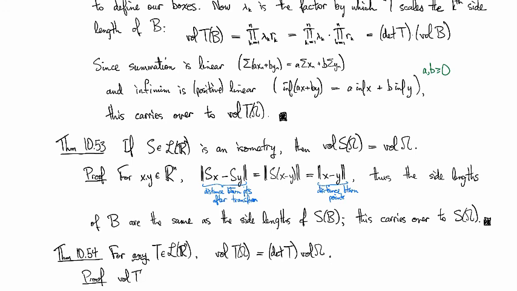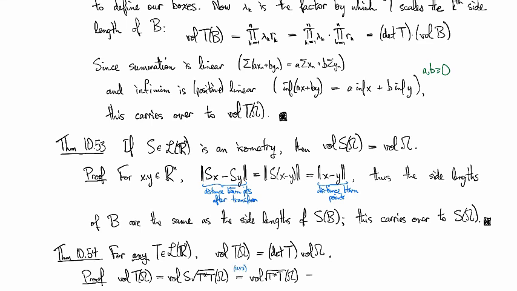The volume of T of omega is the volume of S times the square root of T star T applied to omega. And then this is, well, that's S applied to something, so that doesn't change the volume at all. So this is the volume of root T star T applied to omega, and that's by 10.53, the previous one we just did.